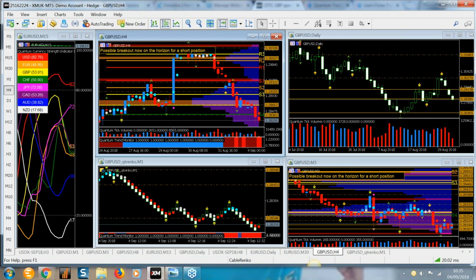But volume price analysis has 5 different elements, one of which is support and resistance, and obviously we have volume as well, and we've got candles and candle patterns. All the indicators that David and I have developed at Quantum Trading are there, first of all, to make our life a little bit easier, and they all complement volume price analysis.